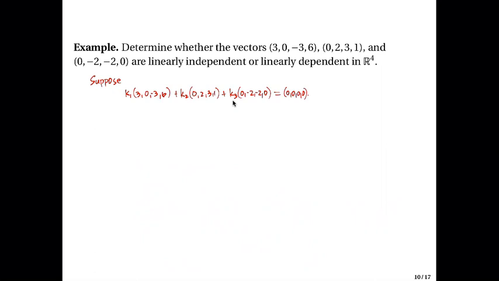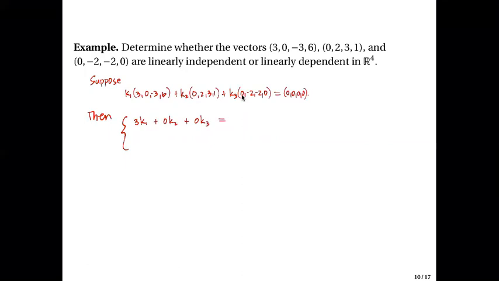So what you need to do is to solve the following linear system. First component, K1 times 3, so you have 3K1 plus K2 times 0, so plus 0K2, plus K3 times 0, so plus 0K3.